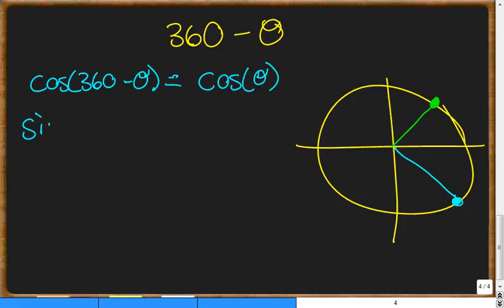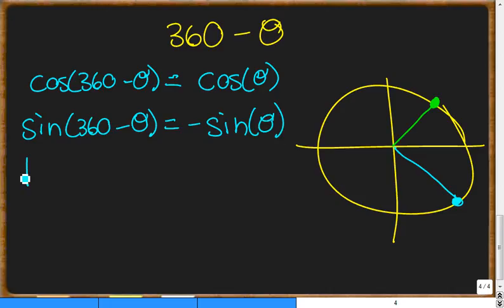Now what about the sine of 360 minus theta? The sine appears to be opposite, and it in fact is. If I had a better picture, you'd see that better. It's negative sine of theta. And then we have our tangent of 360 minus theta. The tangent, just like before, is actually going to be opposite as well.